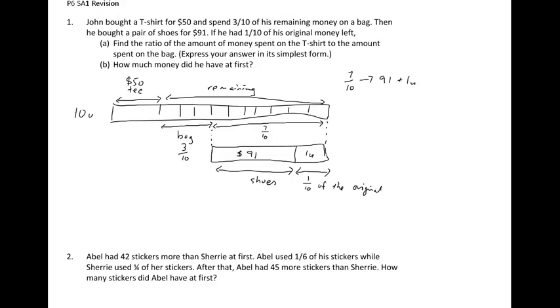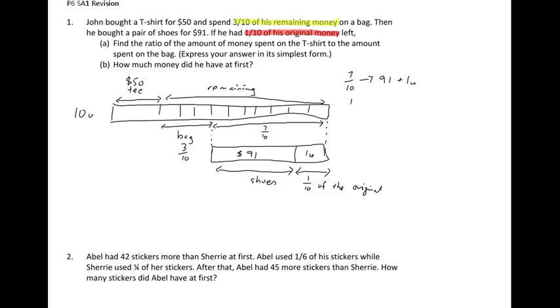So that's why you need to use a model to be clearer. So these two things are different. One of them is 3/10 of his remaining. The other one is 1/10 of his original. Are you agreeable that 7/10 is actually $91 plus 1 unit? Yes. Okay, next.